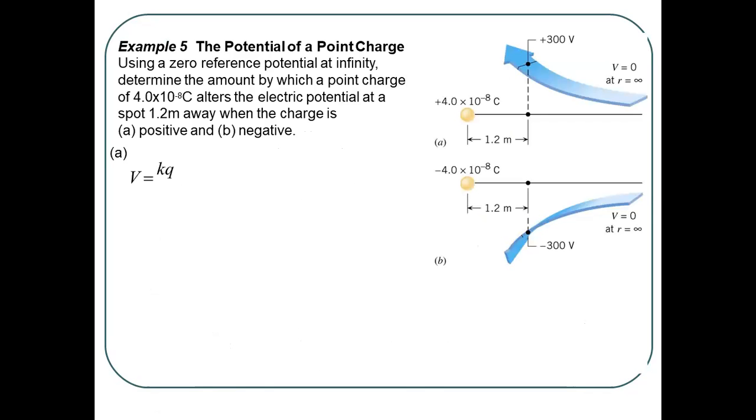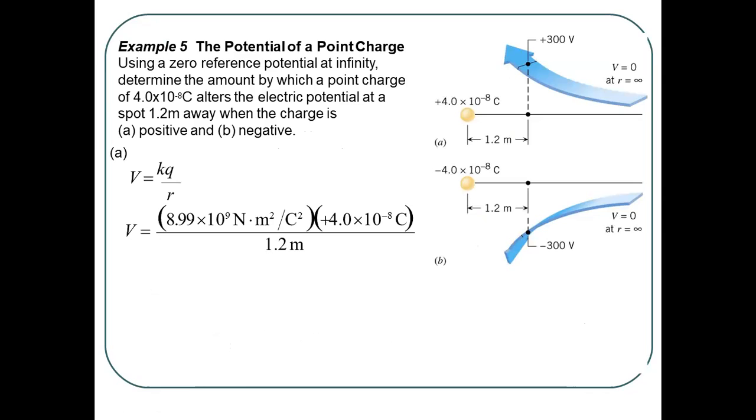We have your fifth example, the potential of a point charge using a zero reference potential at infinity. Determine the amount by which a point charge of 4 times 10 raised to negative 8 coulomb alters the electric potential at a spot 1.2 meters away when the charge is A, positive, and B, negative.